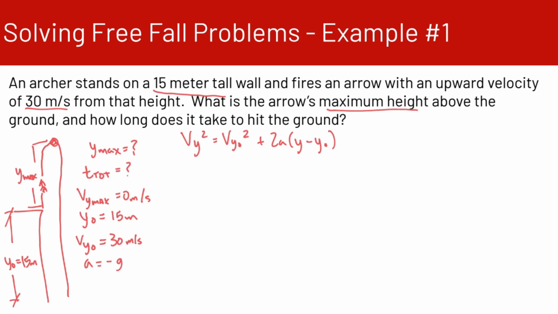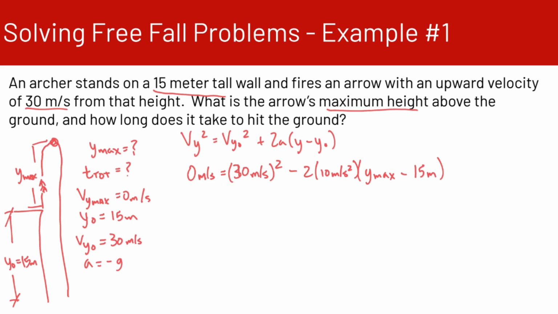Plugging in the information that we have, our vy is 0. So we have 0 meters per second, squared, equals 30 meters per second, squared, minus 2 times 10 meters per second squared times y, that's what we're looking for, the maximum height, so we'll call that y max, minus 15 meters.